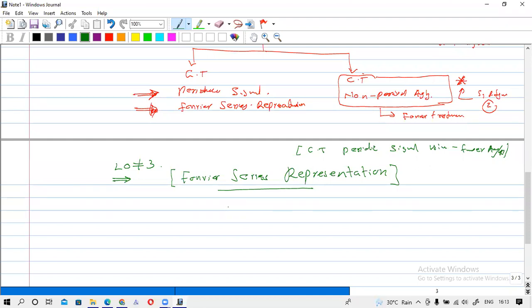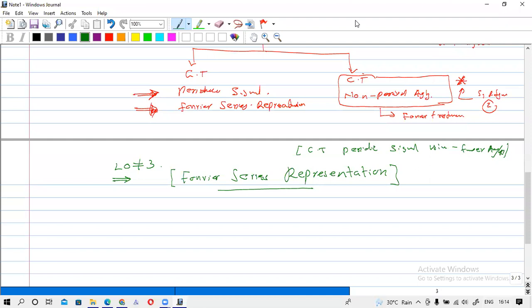Any problem up to now? This is a brand new one, so we will go slowly. We will move slowly and try to understand the things slowly. Do you have any concern or doubt up to this?